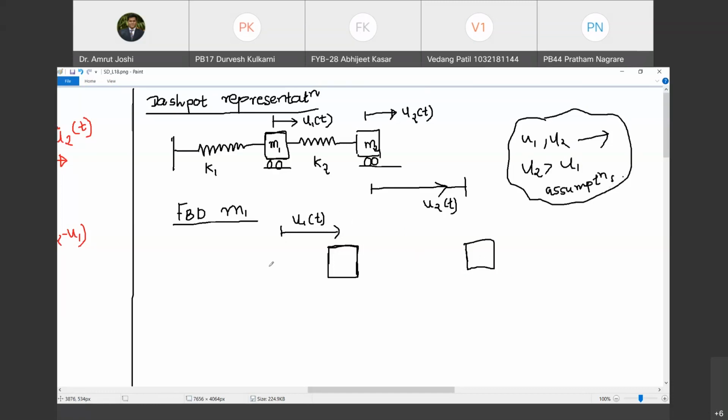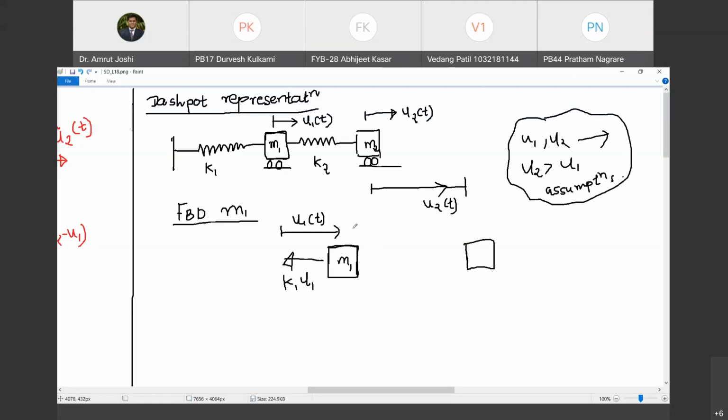Now, tell me, what is the force in spring K1? Won't it be K1 into U1 of T? So I am now dropping the argument T. I will simply write it as K1 U1. Then this is mass M1.